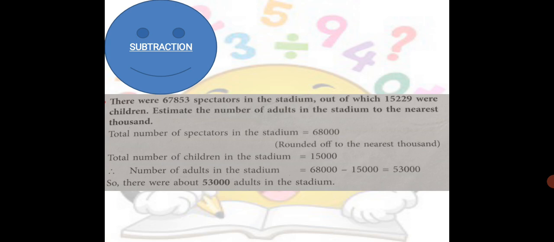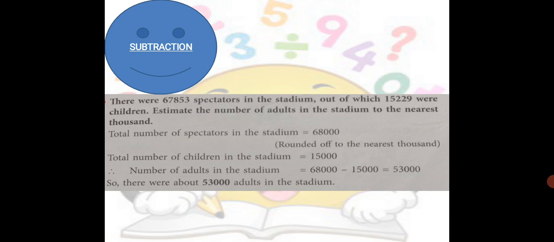Children, it is a subtraction problem. First of all, we have to round off the total number of spectators, and we will do the round off operation to the nearest 1000. The digit we are getting in place of 1000 is 7, and 7 is more than 5. So what to do? We will increase 7 by 1. That means the estimated value of 67,853 is 68,000.